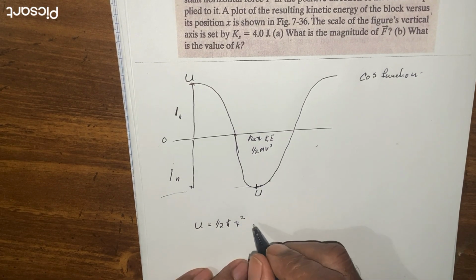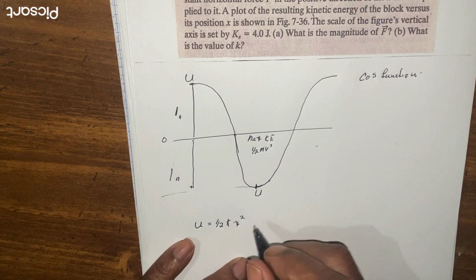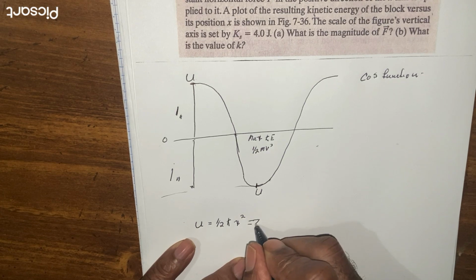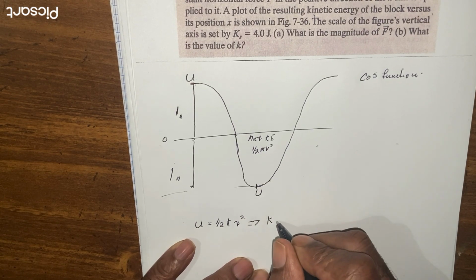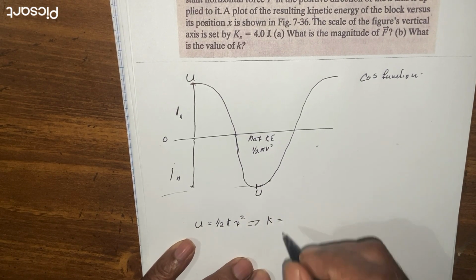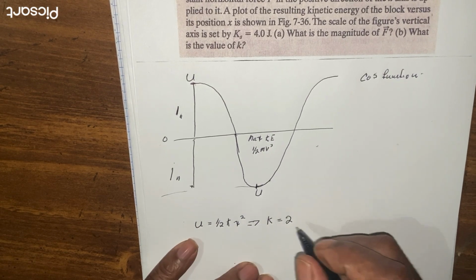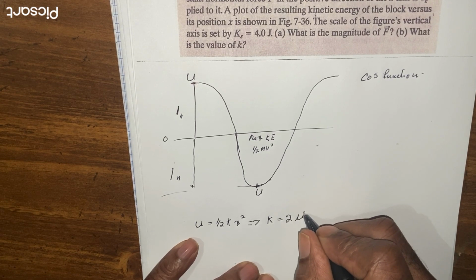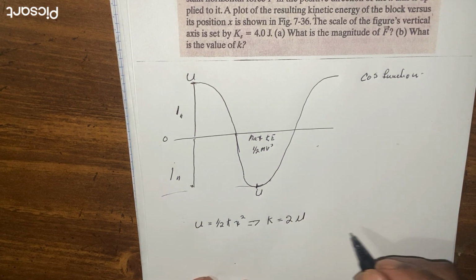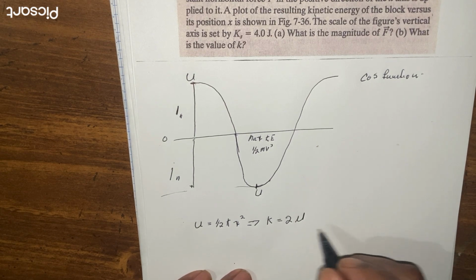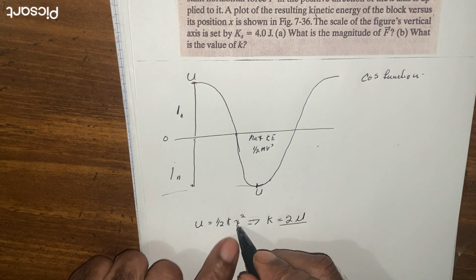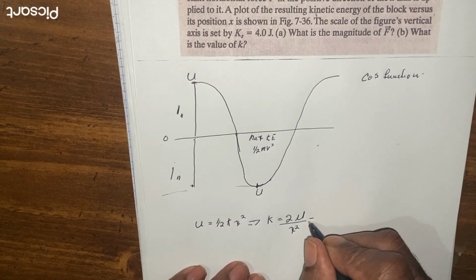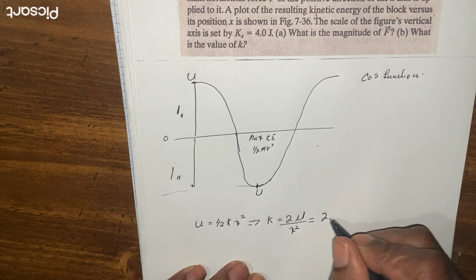Since we need K in order to get the magnitude of F, K is equal to 2 times the potential energy divided by x squared.